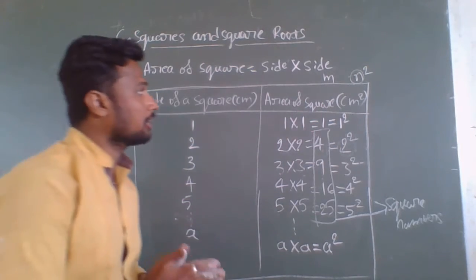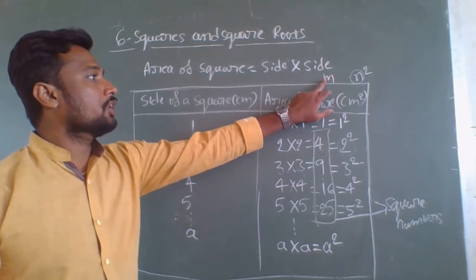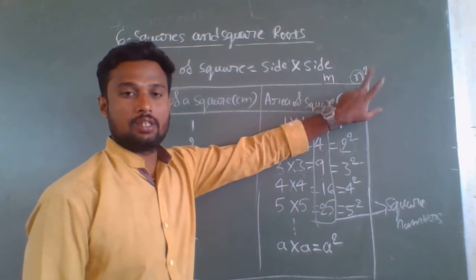What they have given, listen carefully. Where this m can be represented in the form of n square.